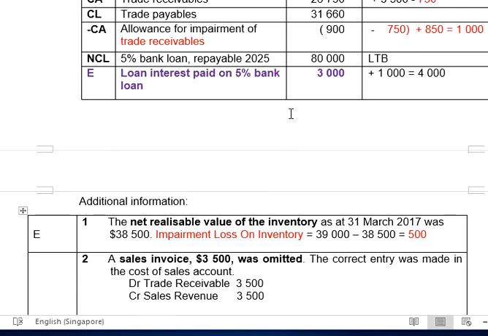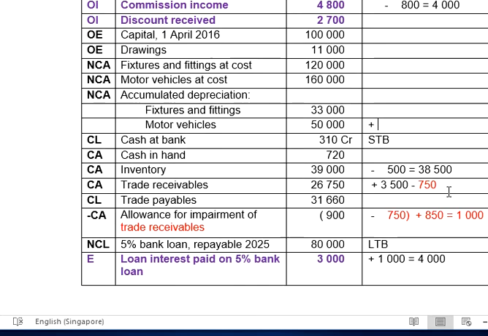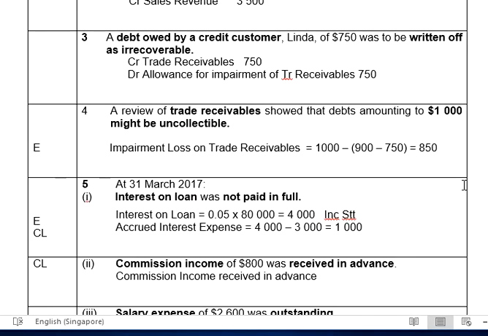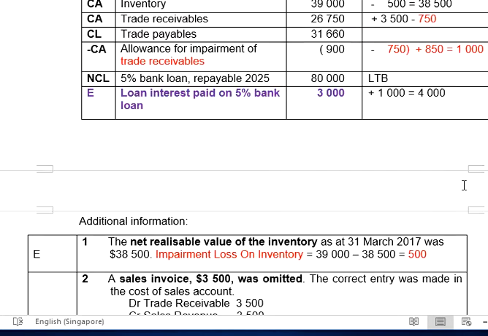At the same time, go up to motor V here, the accumulated depreciation on motor V. This was the previous year's depreciation, so we need to add on this year's depreciation, which is $32,000.